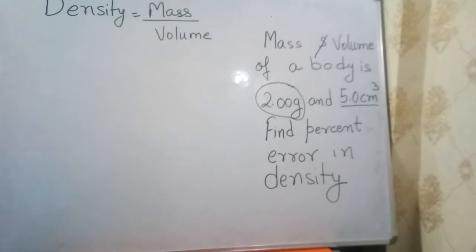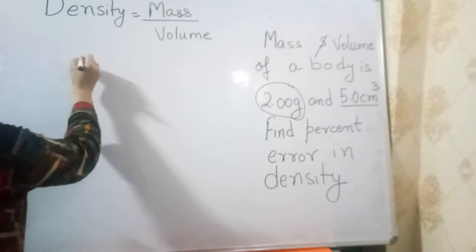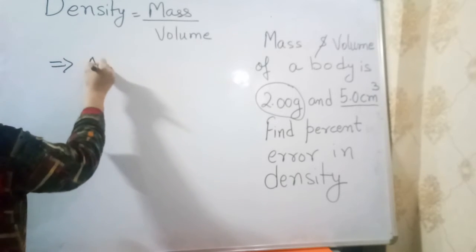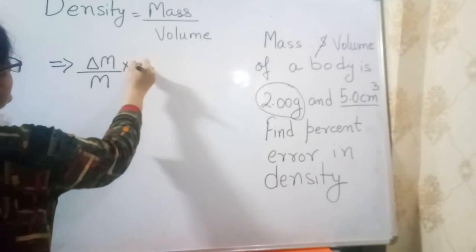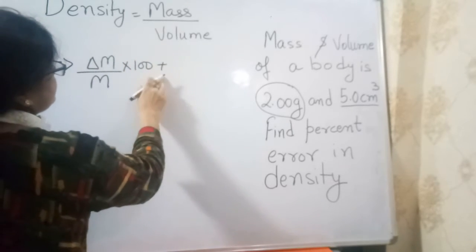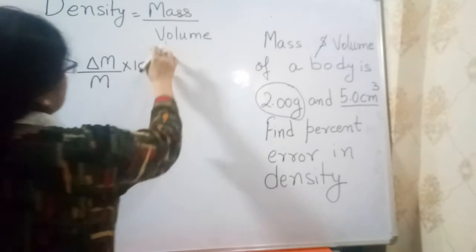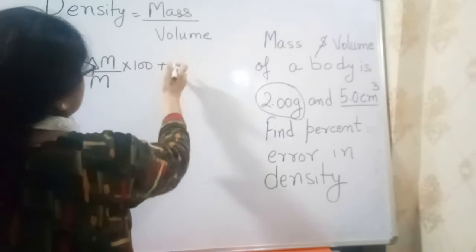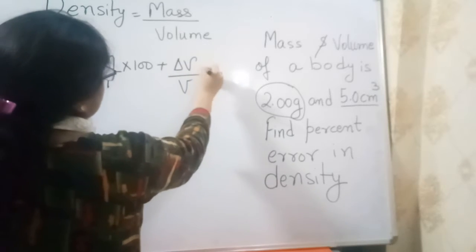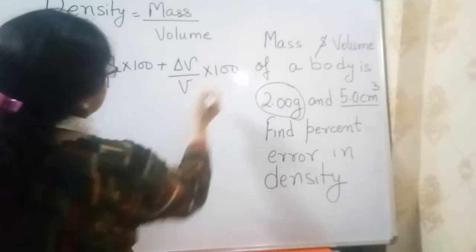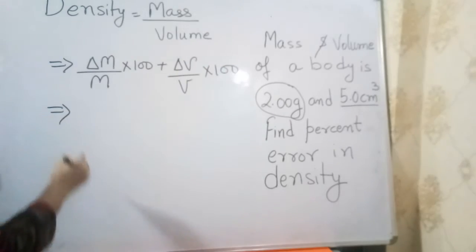Now we have to calculate this. For the mass we have delta M over M into 100 plus, we have to add, not subtract, because volume is in the denominator, we have to add delta V over V into 100. Clear?